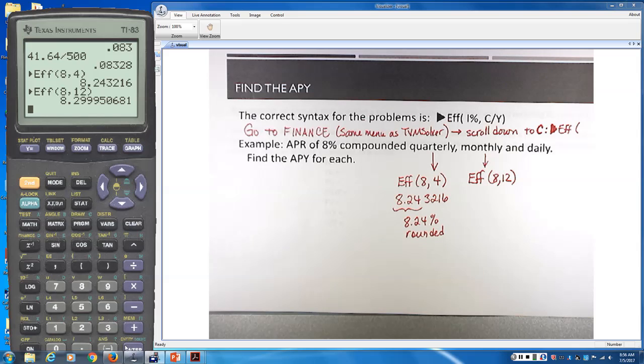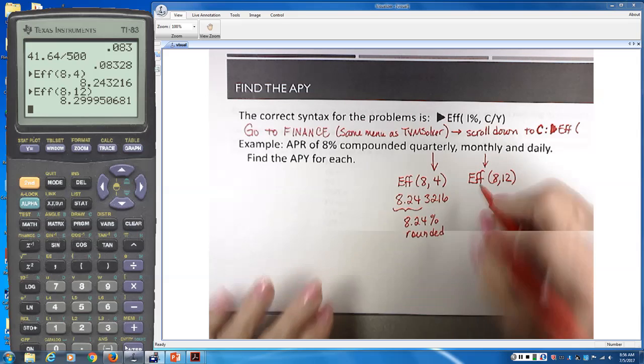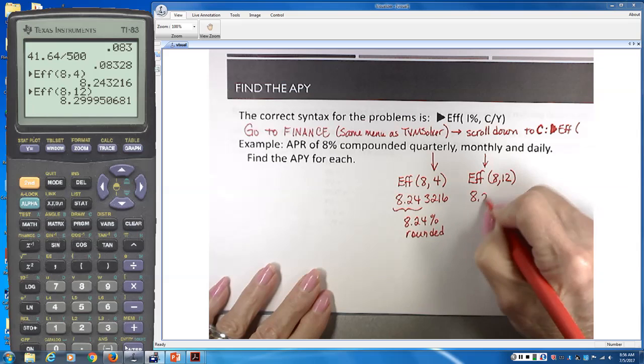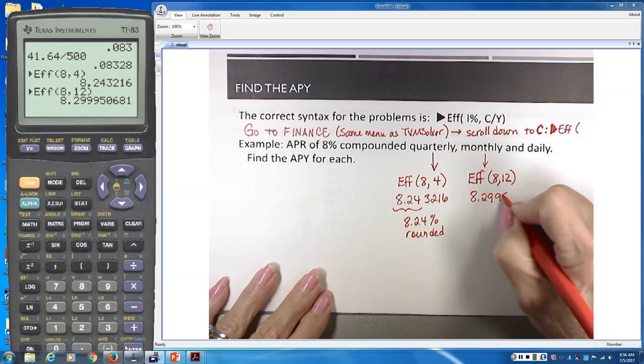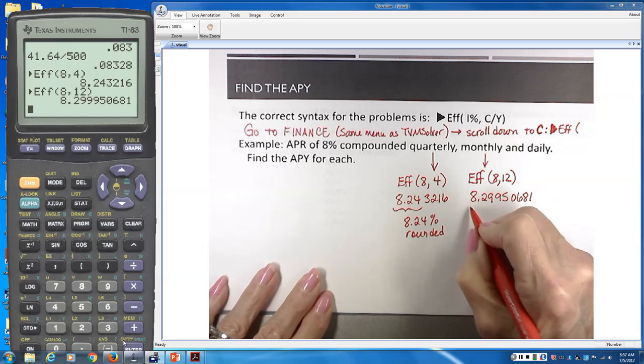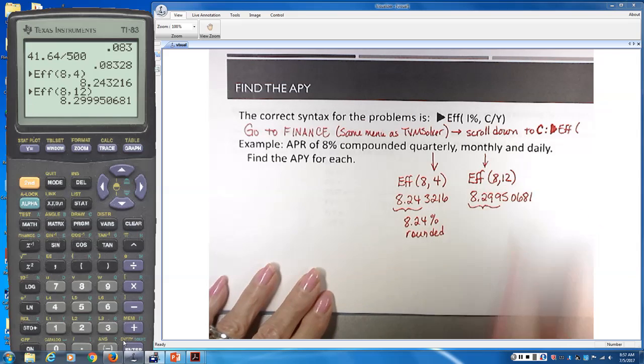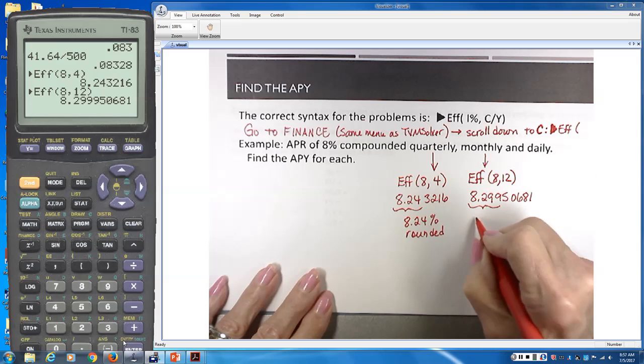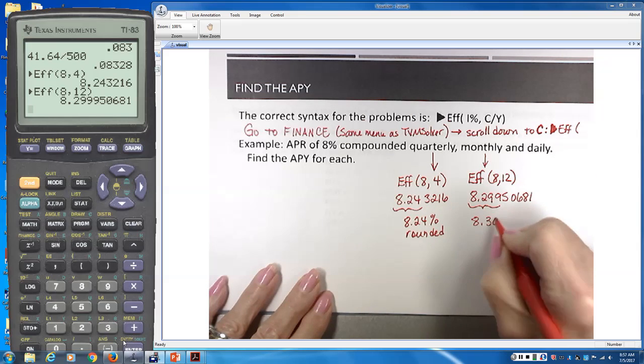And we get 8.2995, which again, we would round off to 8.30.